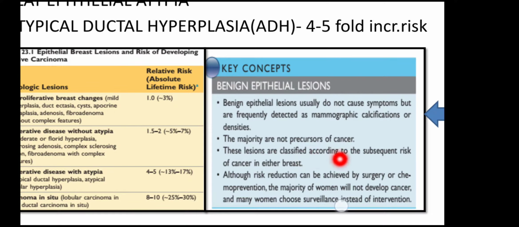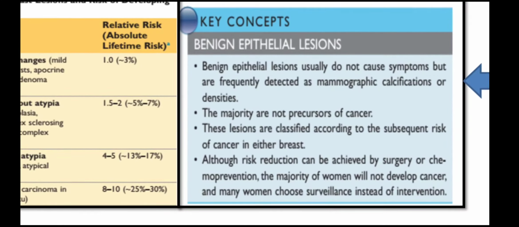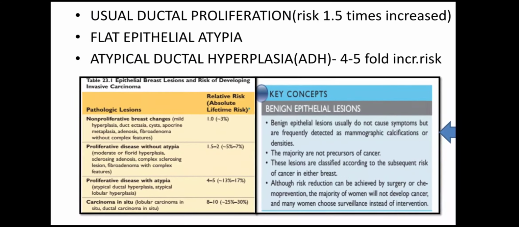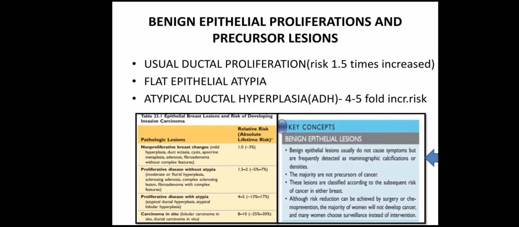These lesions are classified according to the subsequent risk of cancer in either breast. And lastly, an important point for the patient is that risk reduction can be achieved by surgery or chemoprevention. The majority of women will not develop cancer, so many women choose surveillance instead of intervention. So women choose close clinical and radiological follow-up rather than surgery, because the majority of them will not progress to carcinoma breast, although they have increased risk.